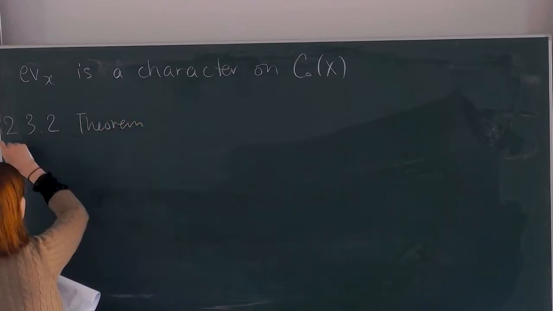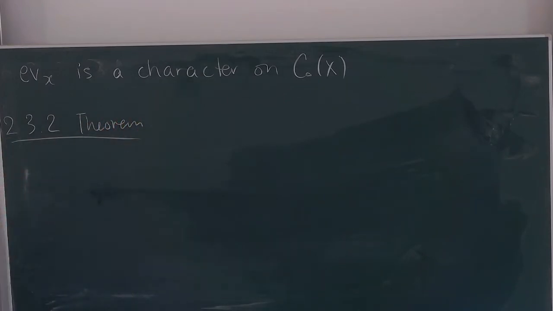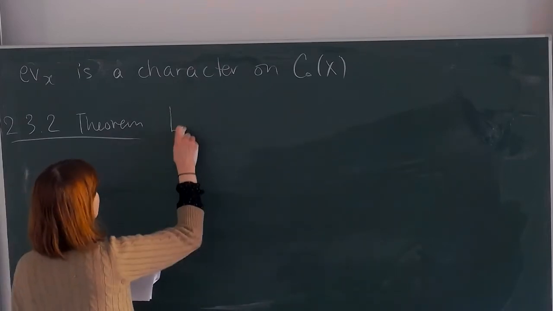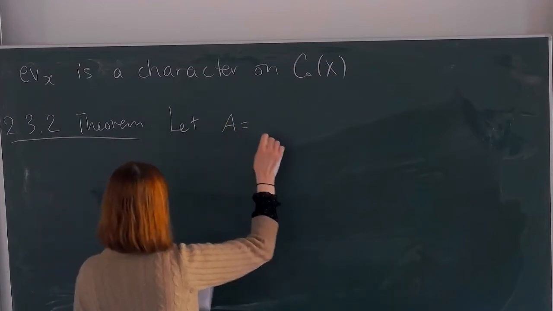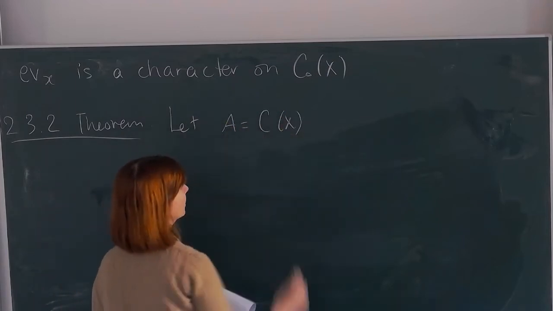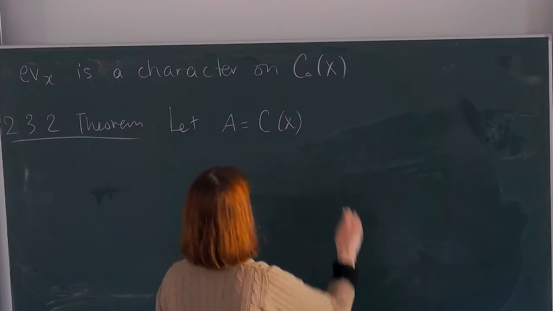So recall, I guess I should have recalled this before, but we put the weak star topology on the character space. So now we're considering actually something compact.